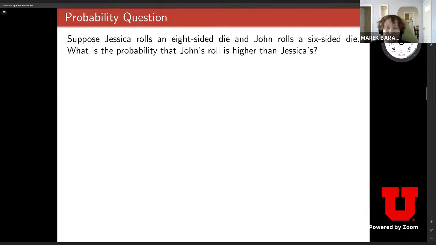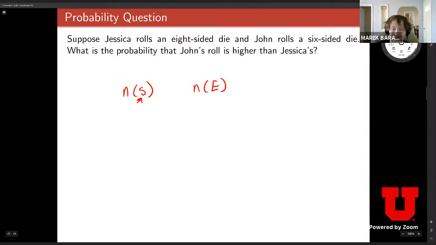Okay, so this is the one where we're going to try to do a breakout room. For this one, we're trying to find the total space, and then the number of events.